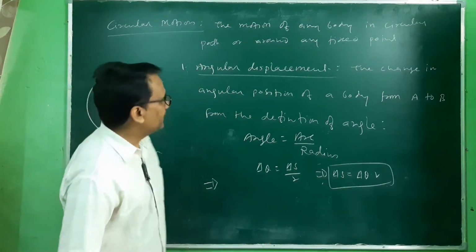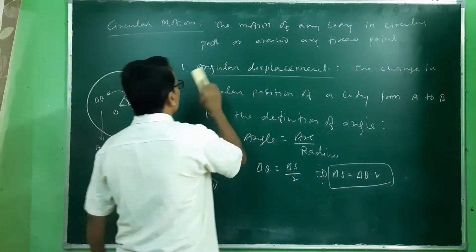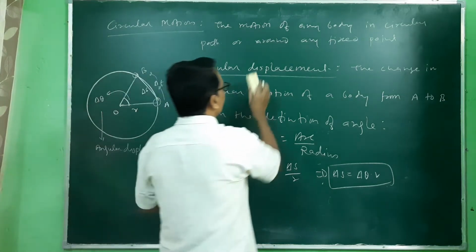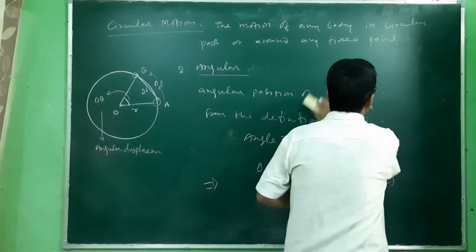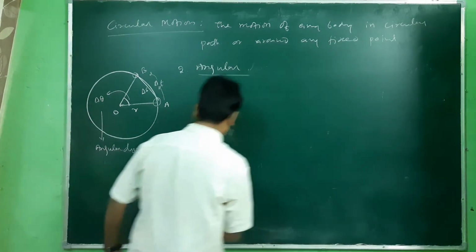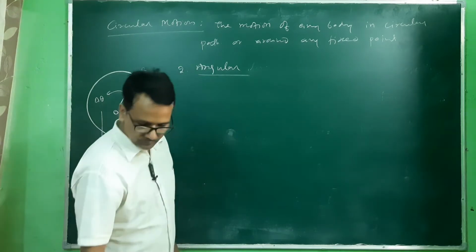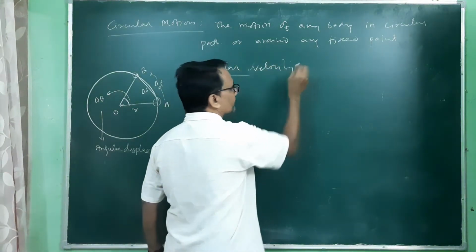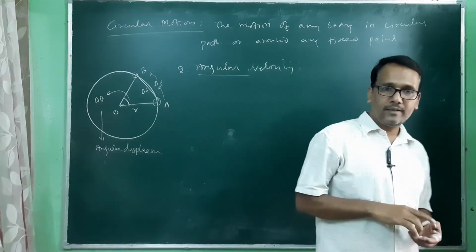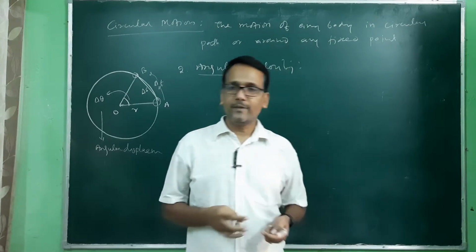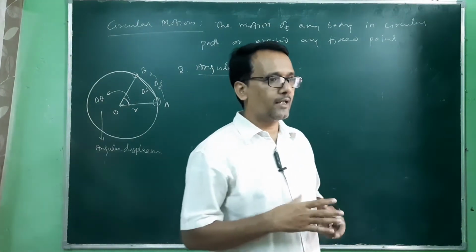The next one, second, is angular velocity. Obviously, velocity is the rate of change of displacement with time. Displacement upon time is known as average velocity.